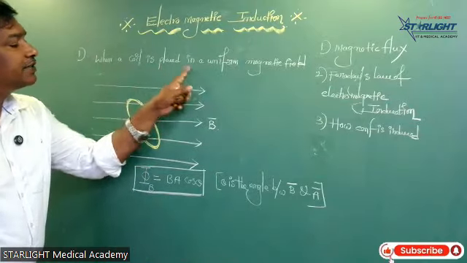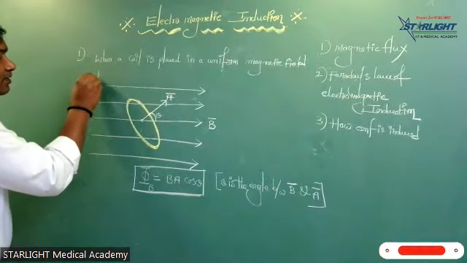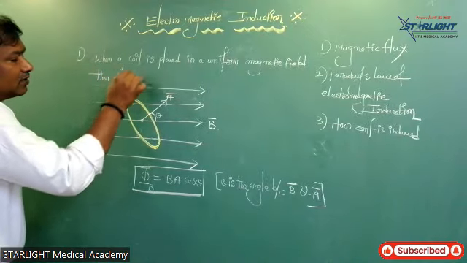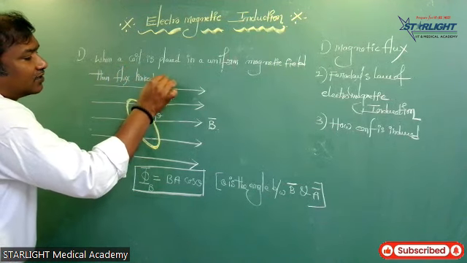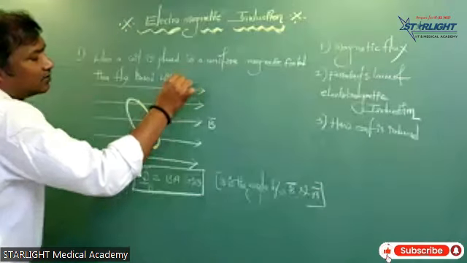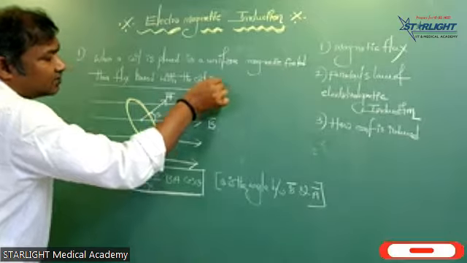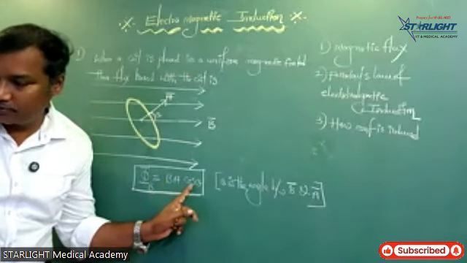When a coil is placed in a uniform magnetic field, then flux linked with the coil is, okay, so this is the flux linked with the coil.